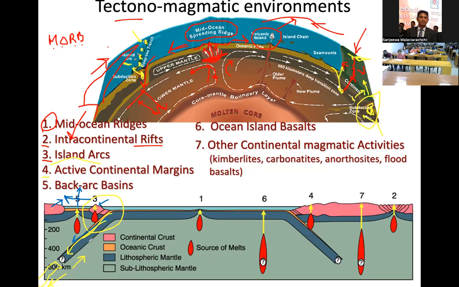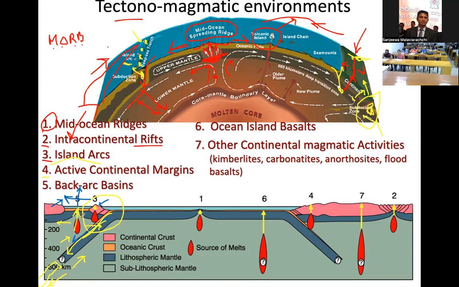So when it tries to bounce back, you are pushing from this side, along this direction. So you are pushing this direction, which means automatically there will be extensional forces occurring in this region. Some extensional forces will generate there. So that creates a weak zone here, and along this weak zone, there will be mantle upwelling.